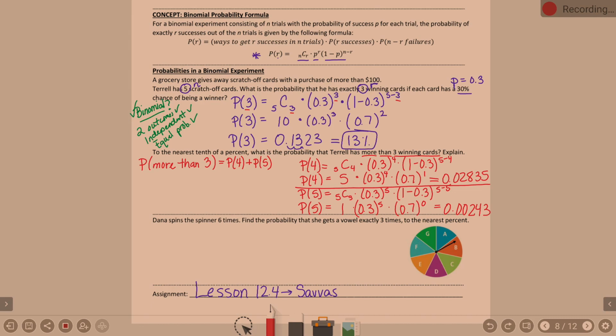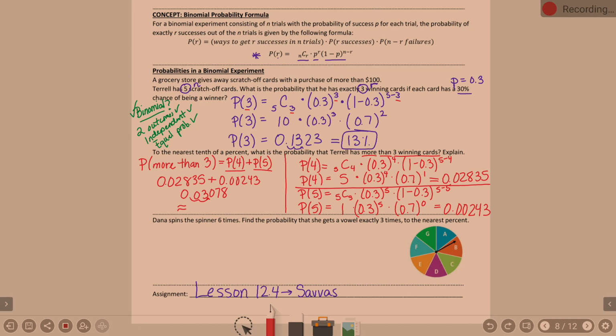Okay. So probability of more than 3 was probability of 4 plus 5. Probability of 4, 0.02835, plus probability of 5, 0.00243. Add those up, 0.03078, which is approximately, you move that decimal over 2, 3.078%.